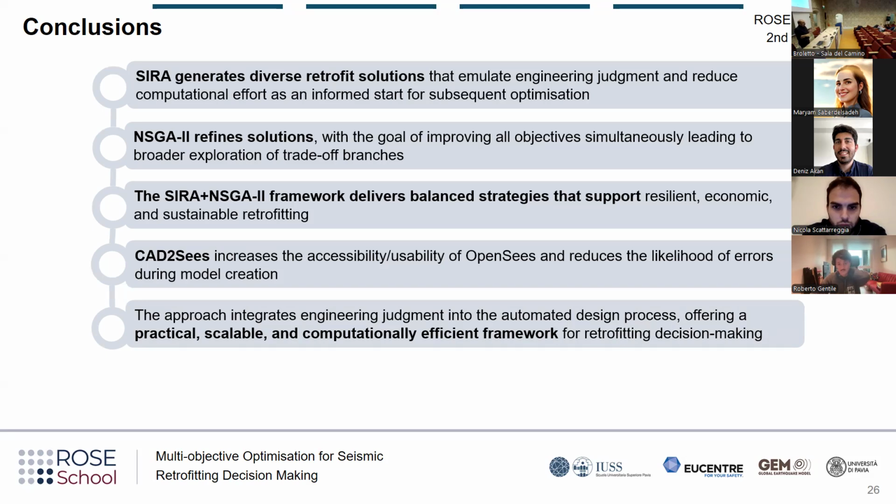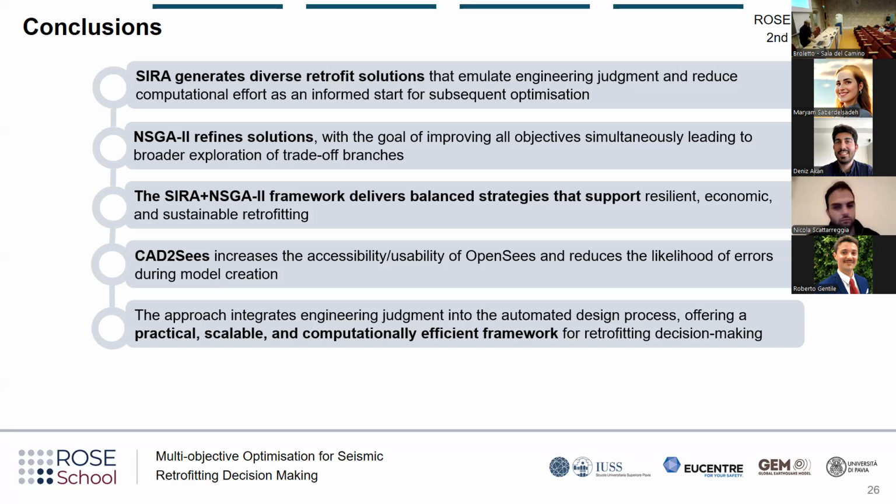I did not say that, so we don't need to know about the building when we are applying this procedure or this full framework. So that makes it first practical, second scalable, and also computationally affordable. Okay, it takes time, it is big still, but it is computationally affordable when we think about the full search space itself.